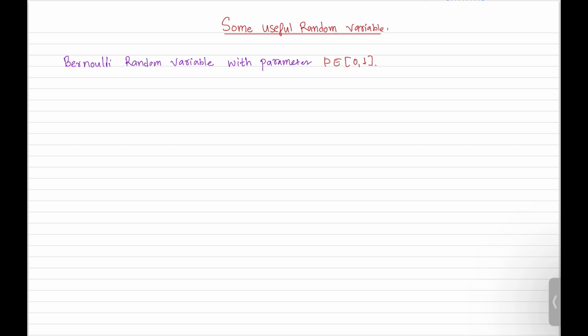Why do we care about their details, and why do we keep them as a tool in probability theory? So my question is why we specifically study these random variables.